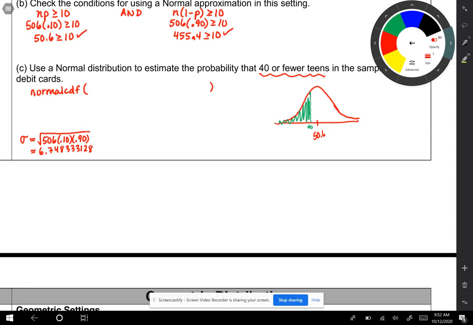So you want to subtract. I was off because I never labeled my tick marks in my distribution. So 50.6 minus 6.74, so 43 point something. You could pick 0 and get away with that as your lower bound. So 0 is your lower bound.